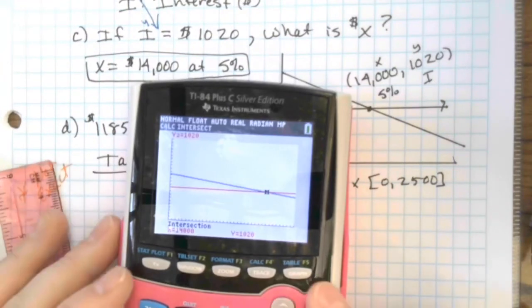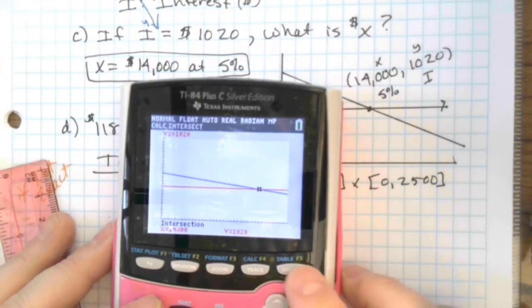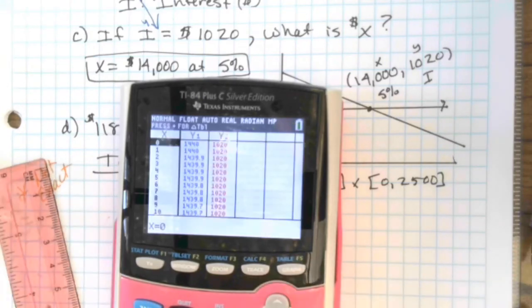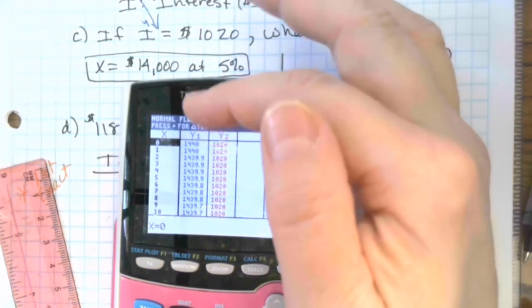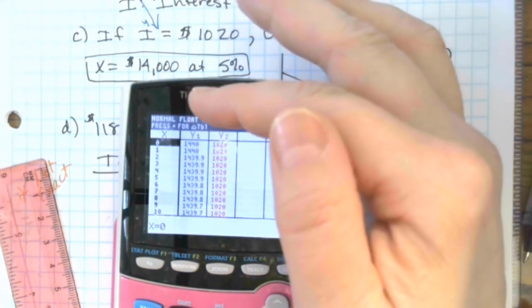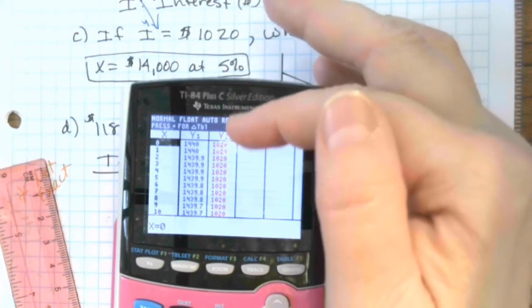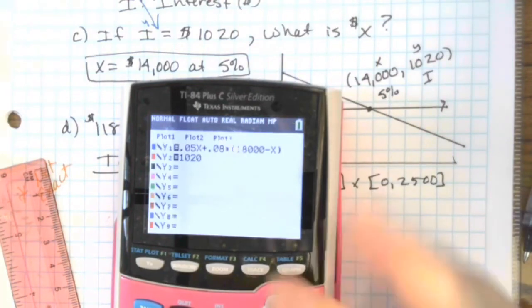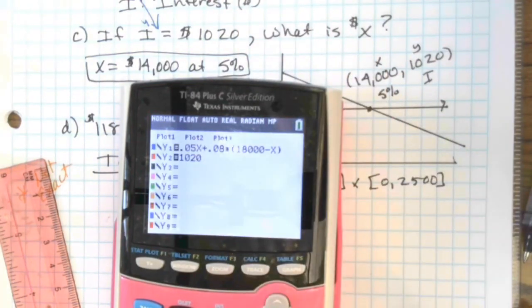So first thing you need to do, you have a table function here, second table. If you just go straight into table, it's going to take your equation for y sub 1, which is your interest calculation, and then y sub 2 was the amount that we inputted here. But we're no longer interested in $1,020.